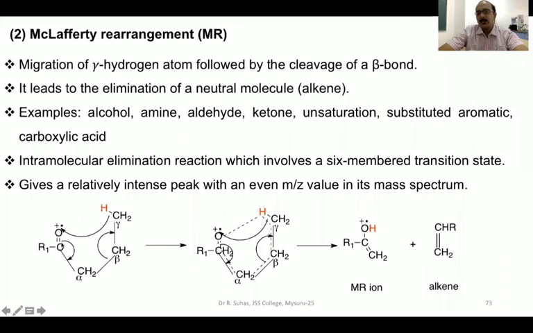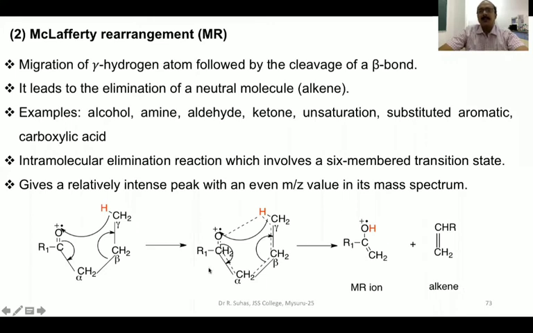The C=O double bond becomes a single bond, but the CC single bond becomes a CC double bond here. This is called the McLafferty rearranged ion, or in short the MR ion. Along with the MR ion, you get a neutral molecule, usually an alkene in many cases. So in the McLafferty rearrangement, the products are the McLafferty rearranged ion and a neutral molecule, that is an alkene.